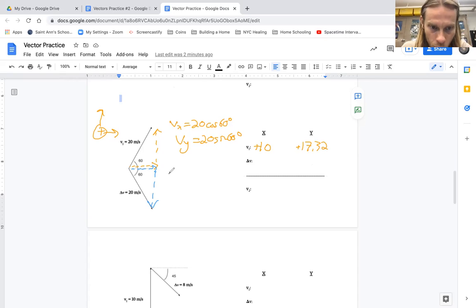But the point is, for delta V, I have Vx equaling 20 cos 60, which is positive 10. And I have Vy equaling downward, so it's negative 20 sine 60. So I'm saying the words, this is because it's down. Right? And this is because it's up.